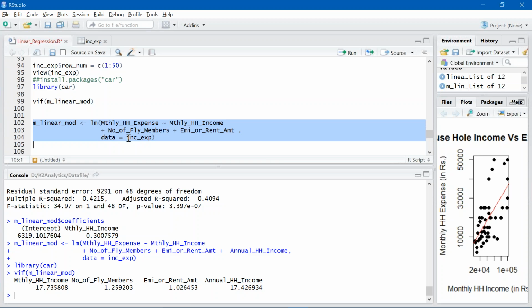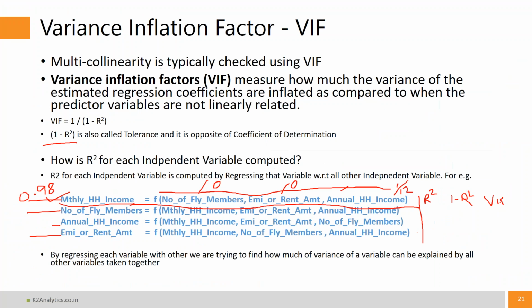The reason why all these formulas have been shown is that in the background this is what is going to happen: one of the independent variables will be made dependent and it will be regressed against all other independent variables. A model will be built, R square computed, and from R square VIF computed. All this is happening in the background. We are not supposed to be bothered about it.